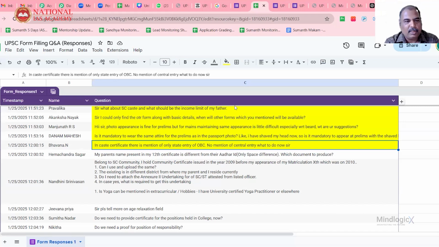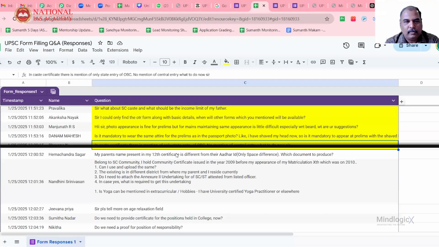They will provide the central serial list as well as the name of the caste. Usually, some new officers, or some officers who may not know, may put the state entry itself. So we need to inform them and get it corrected. Bhavna, I hope that's clear. If there's anything more, please put it in the chat. We will retake it once we finish the Q&A.